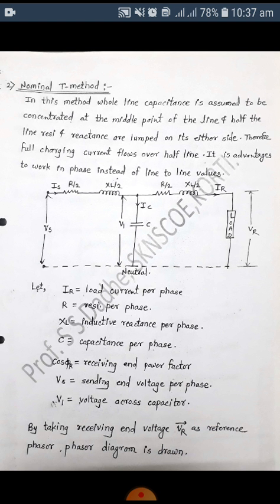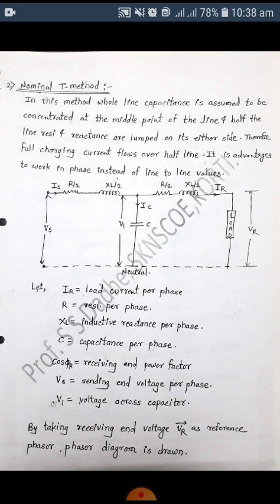Let IR is the load current per phase, R is the resistance per phase, XL is inductive reactance per phase, C is the capacitance per phase, cos phi R is receiving end power factor which is always lagging, phi S is the sending end voltage per phase, and voltage across capacitor is phi 1.